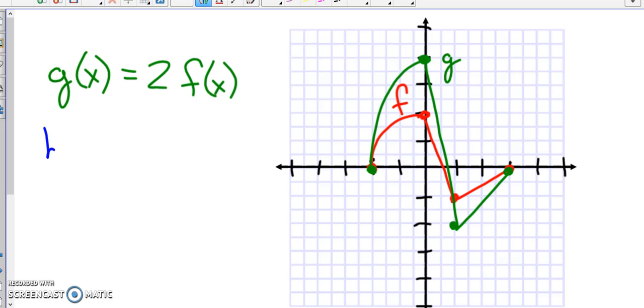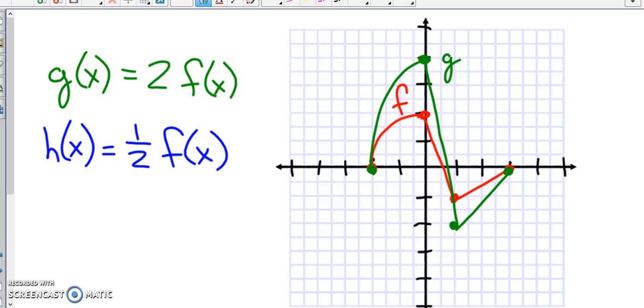Similarly, just to keep it simple, if I did 1/2 of f, then that would shrink it down to half its original size.